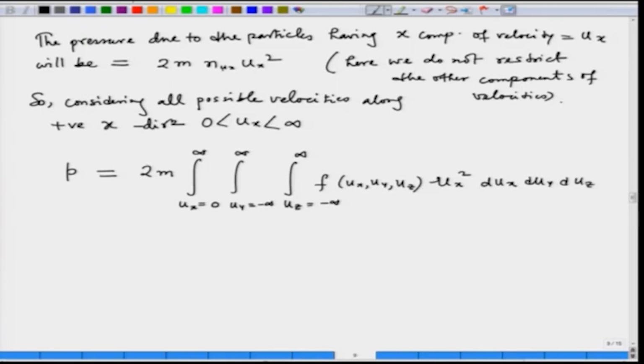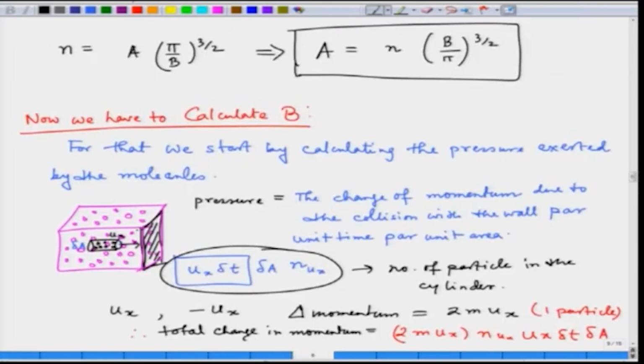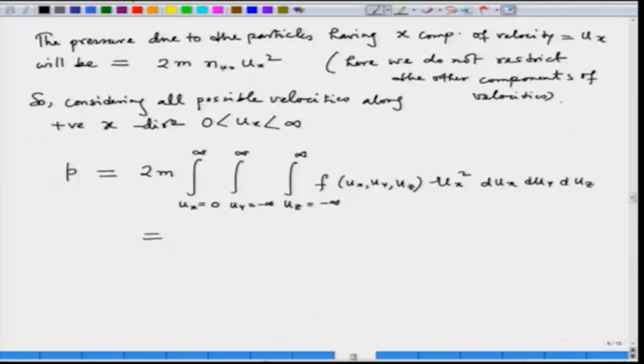So, this part is giving me the pressure, but this is not an arbitrary pressure, this pressure is given on this wall. And if you do this integration correctly, you will see that the integration ranges are 0 to infinity for ux, and minus infinity to plus infinity for uy and uz.